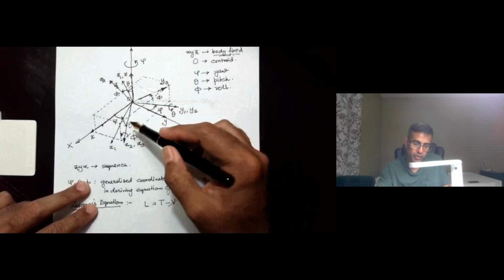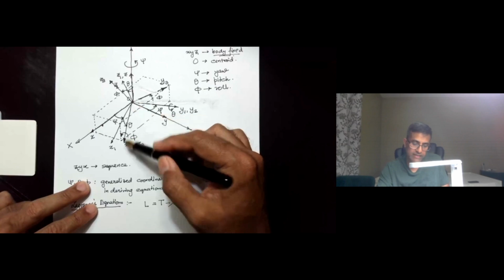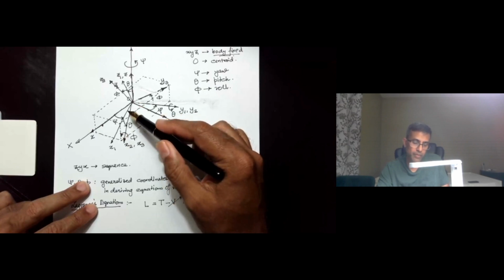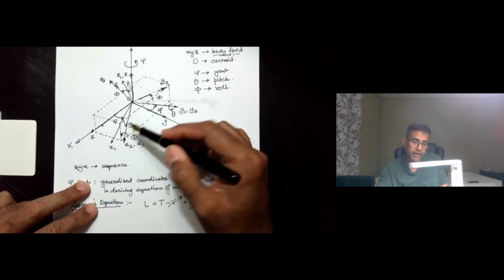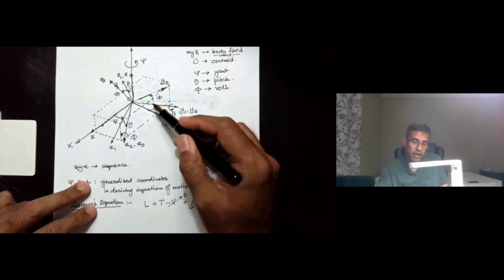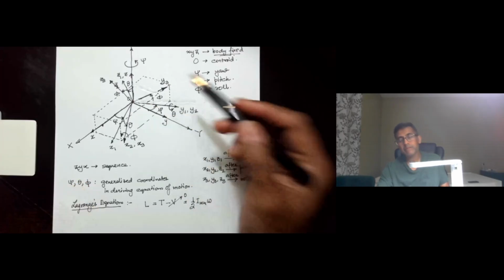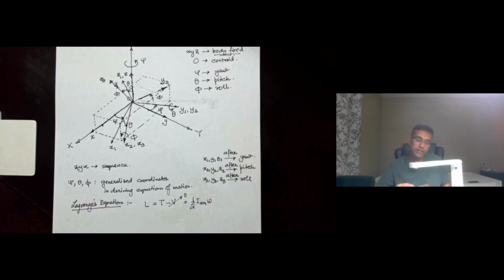the rigid body, when it is rotated, now has x3 pointing in the direction where x was, or rather, let me put it this way: x3 is the new orientation of x, y3 is the new orientation of y, and z3 is the new orientation of z.